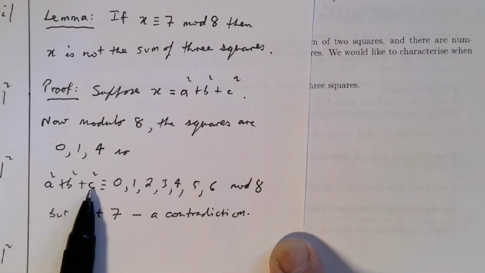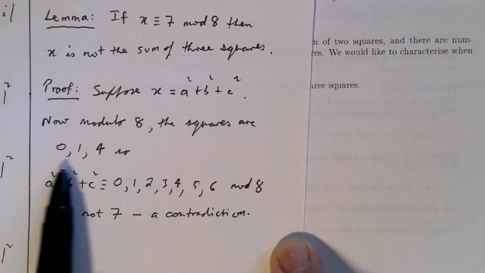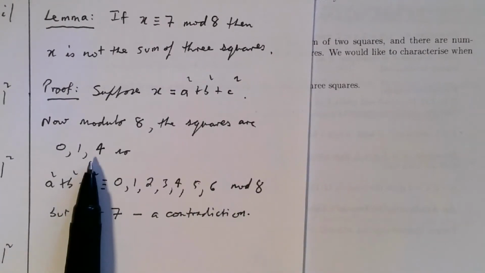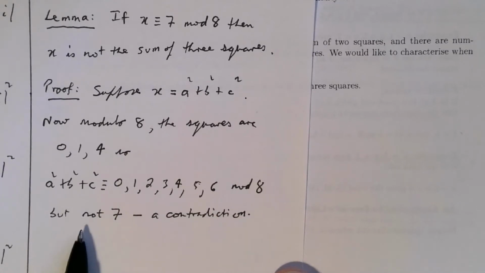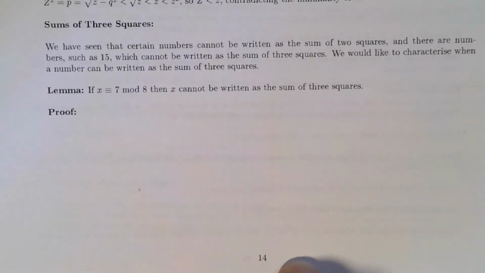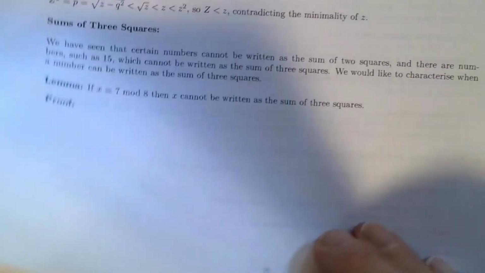And 4, 1, 1 is 6. But you can't get 7. You can't make 7 by taking 3 of these. And so our number x was congruent to 7 mod 8, so we immediately have a contradiction. So 7 mod 8 numbers can't be written as the sum of 3 squares.